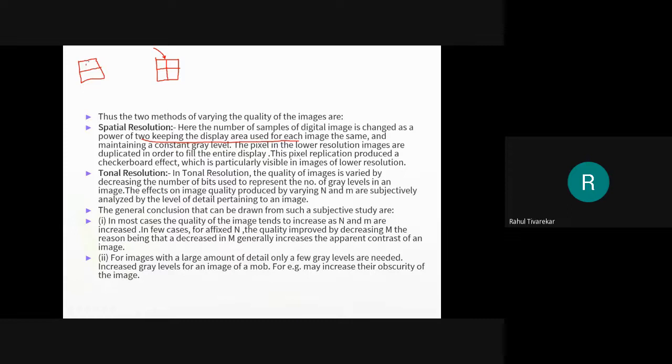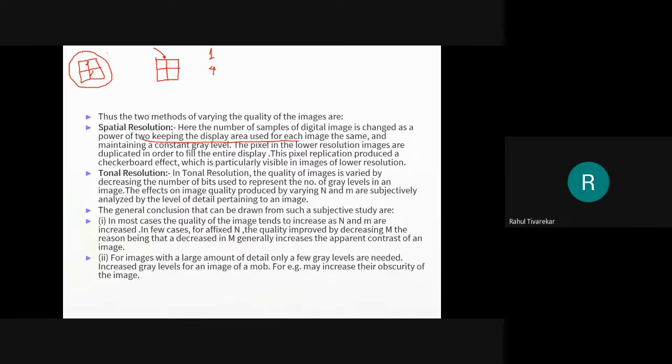This is a rectangle. This is not a pixel. This cannot be called a pixel, because a pixel has uniform width and height. So to make it uniform, at least we should have 4 pixels within the previous area. So earlier we had only 1 pixel. Now we have 4 pixels.